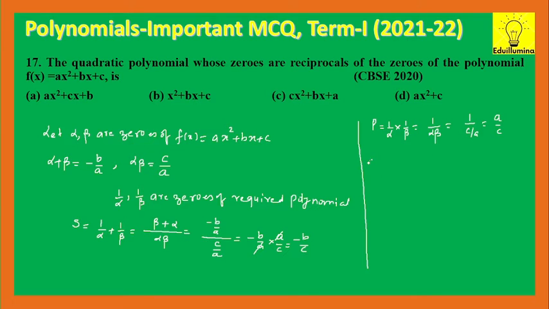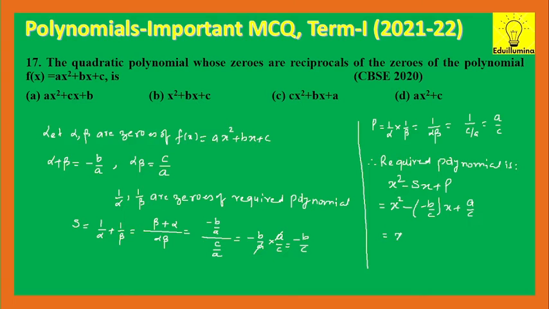So therefore the required polynomial is equal to x square minus sx plus p. x square minus, the value of s is minus b upon c, into x, and the value of p is a upon c.